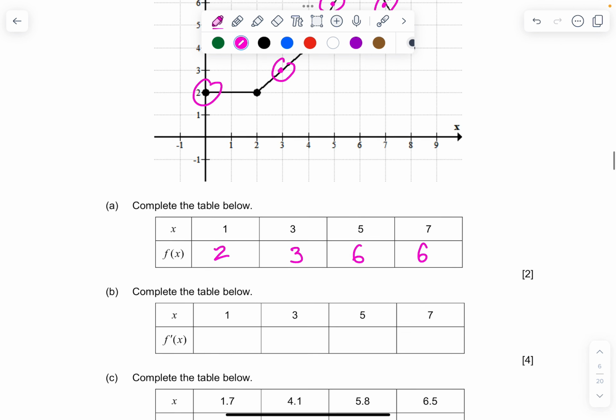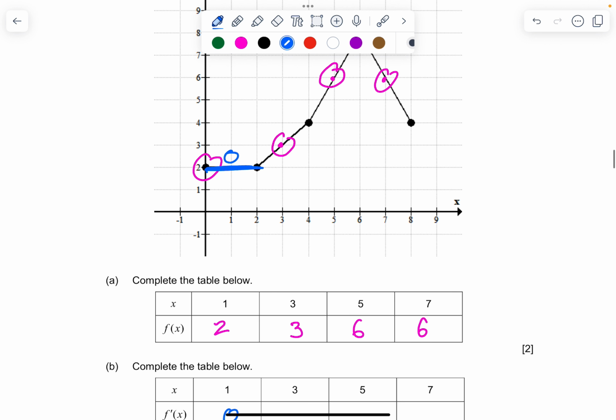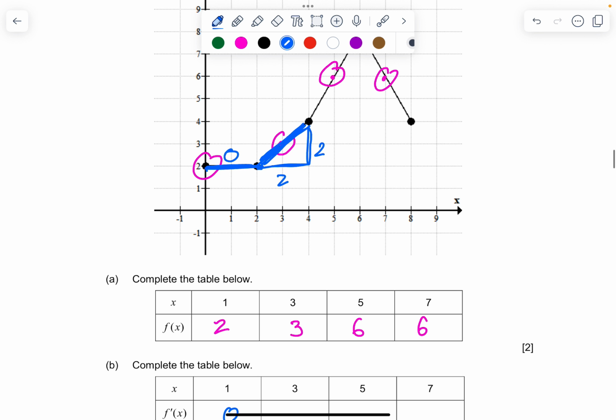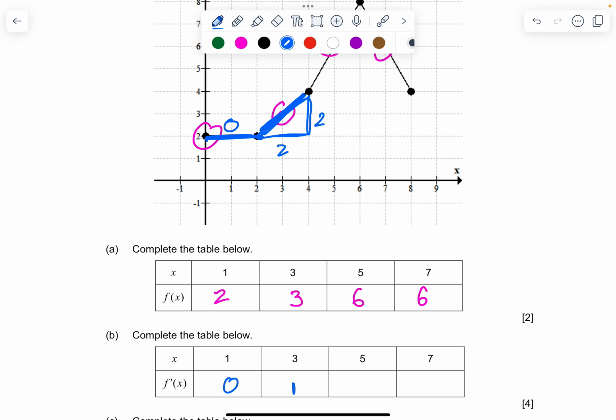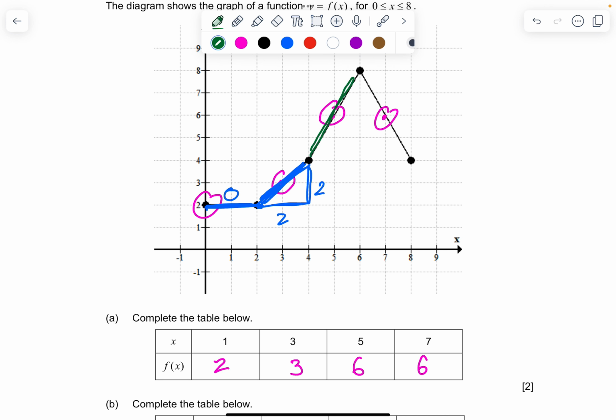Now f prime of 1. At 1 means this line. This line has a gradient 0. 3. 3 means gradient. What is the gradient of this line? We can see it is 2 by 2, which is going to be 1. 5 means gradient of this line.